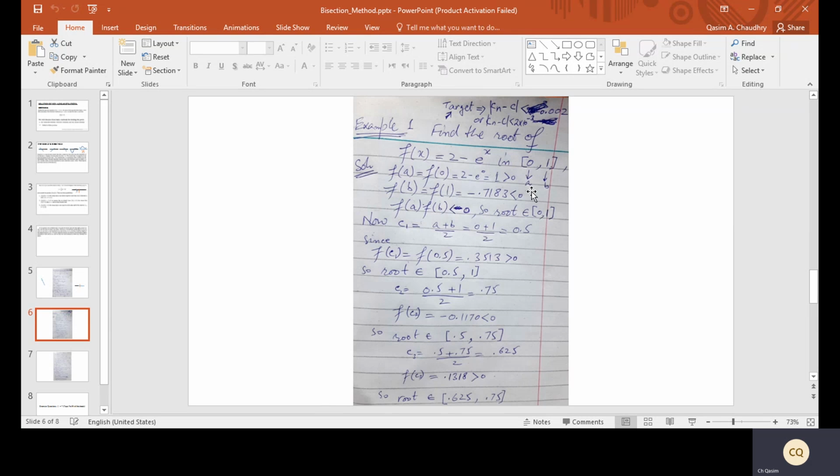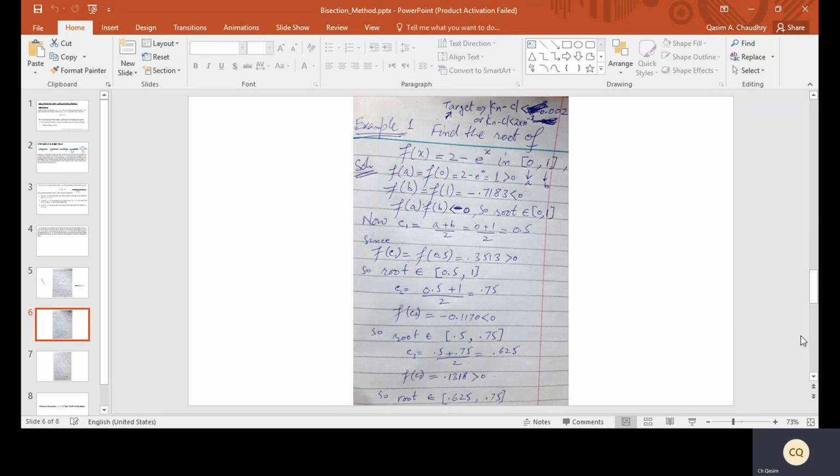Let's say 0 is a, and this is b. So f(a), if you substitute the values in this function, is equal to 1, and that is positive. And f(b) is equal to f(1), and that gives you a negative value. So students, f(a) × f(b) is less than 0.